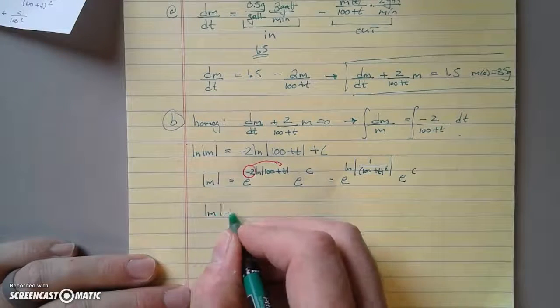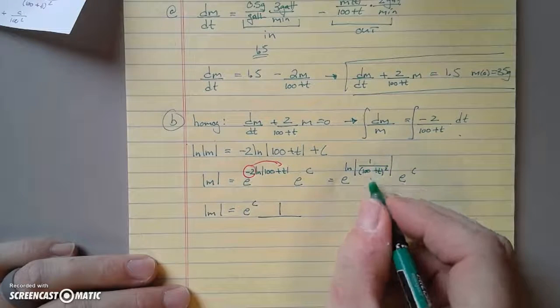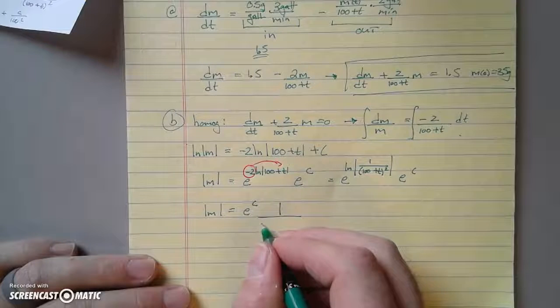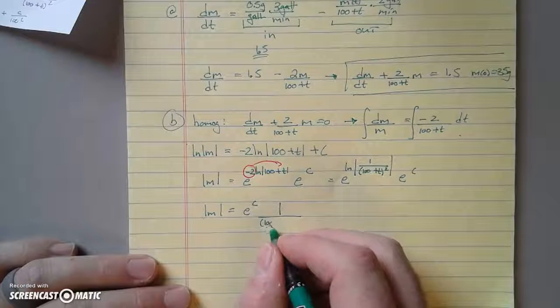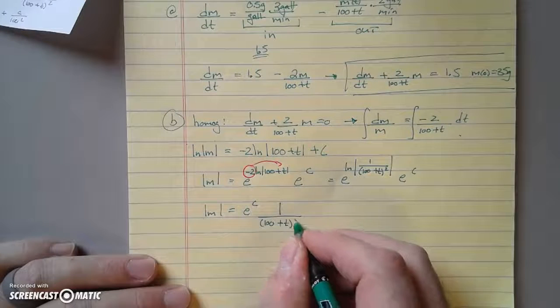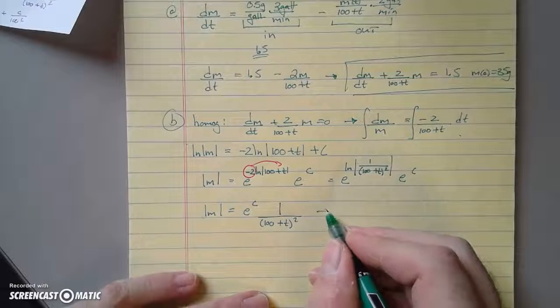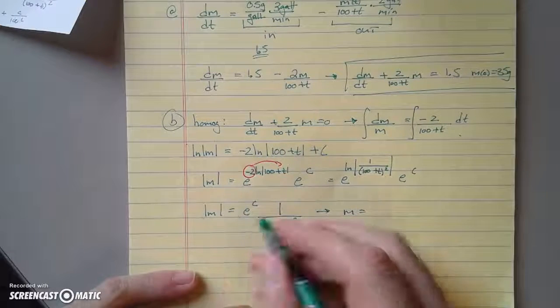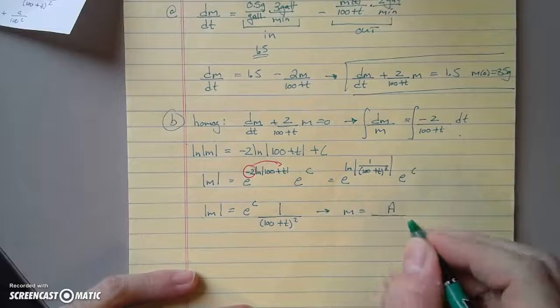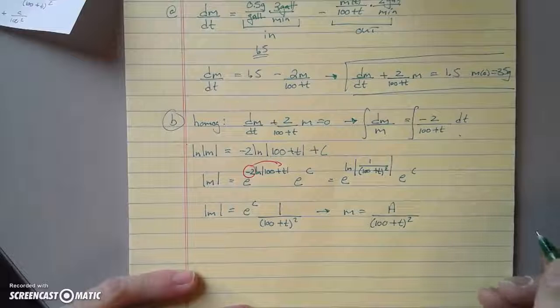So absolute value of m is e to the c over 100 plus T squared. And we can take off the absolute values here. We're going to take care of them over here anyway. So any pluses and minuses will be dealt with. And this is always positive anyway. So that means that m, take out the absolute values, we get a plus or minus c. So it's going to be a constant over 100 plus T squared.